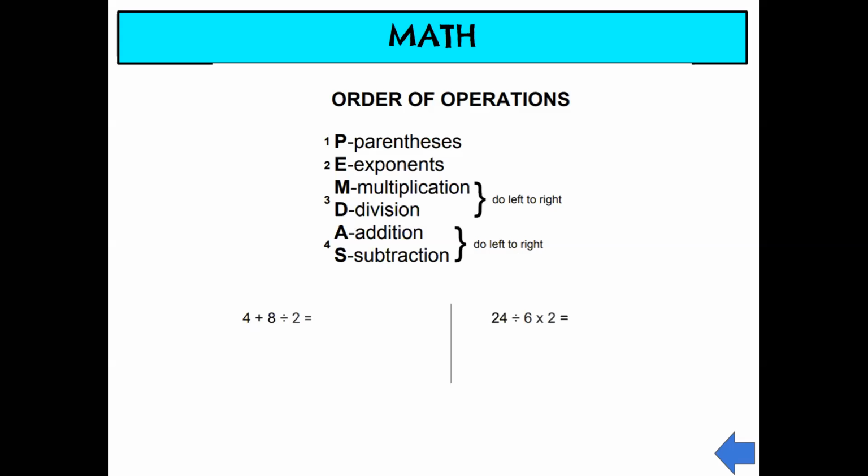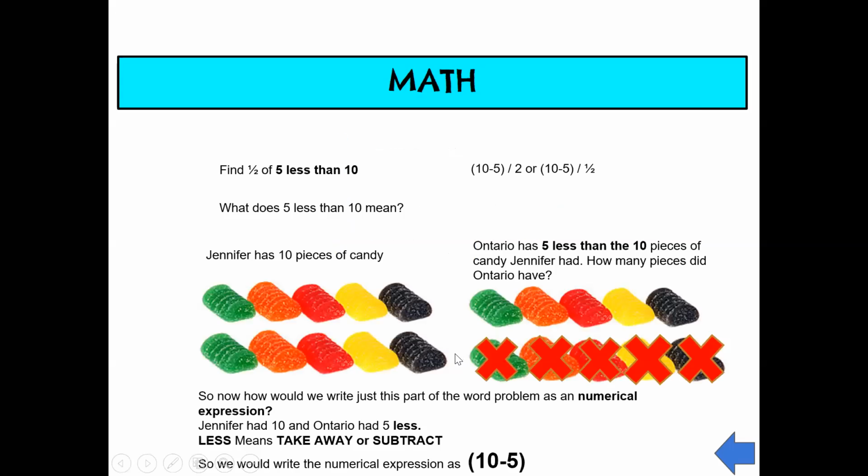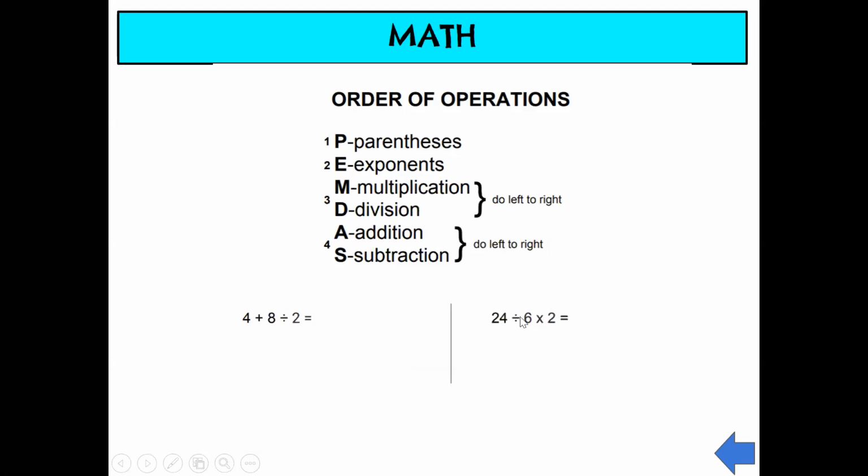Now make sure you understand how multiplication and division and addition and subtraction work together. They're like best friends. And what they do is they allow whichever one is in front of them to go first, right? So if I have a problem like this one here, 24 divided by 6 times 2.